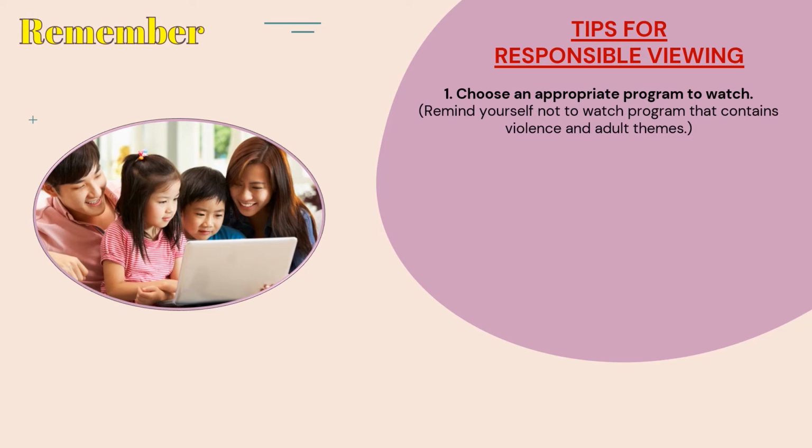You should not be watching violent movies or viewing material and adult-theme movies, because that's not appropriate for you as a student. So watch only those appropriate to you, yung programs that are appropriate to your age.